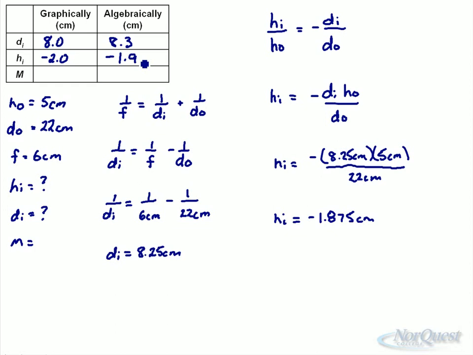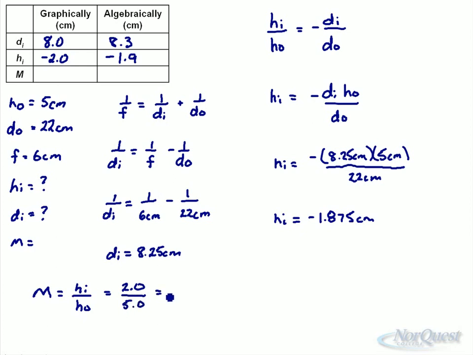Now to calculate the magnification, which I'll do at the bottom, well, the magnification is, I tend to use hi over ho. And if I was to do this graphically first, then it's going to be negative 2.0 over 5.0.